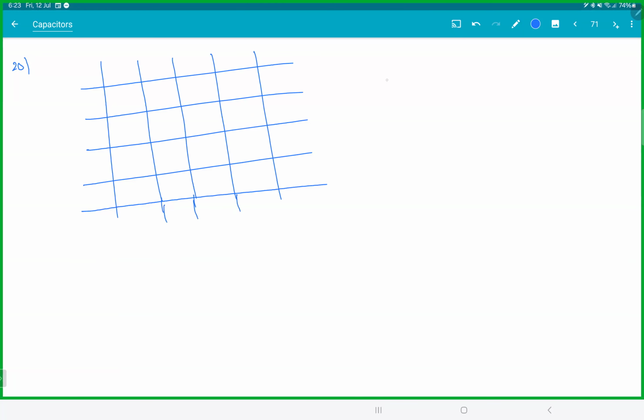This is an infinite grid. All segments are capacitance C, meaning each one is a capacitor. You got the point.